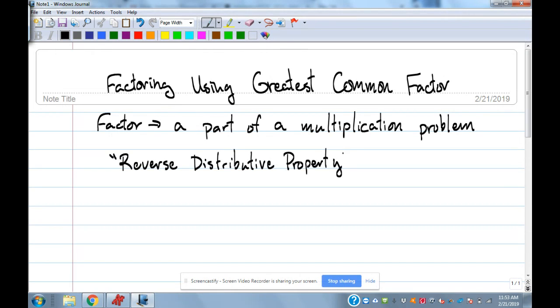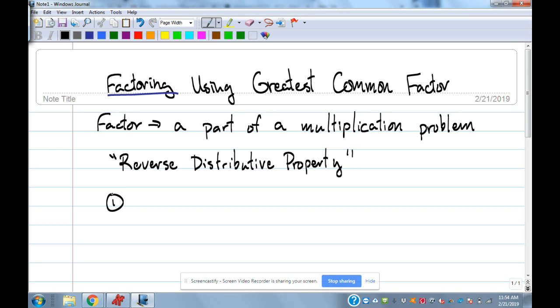We spent a good bit of time the last week, or technically 2 weeks if you count the part of a week we came, doing a lot of distributive property work, doing the multiplication out of that. So what we're going to be doing now is the reverse of that. We're going to pull out greatest common factors. So when you're factoring, and that's what we're doing for the next long little while.